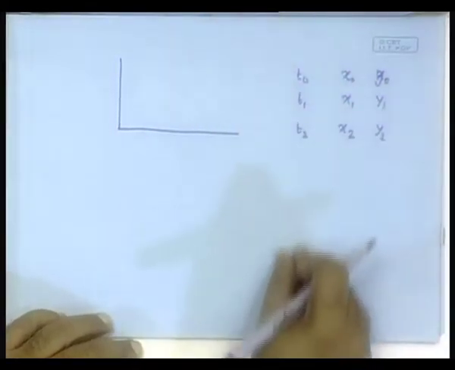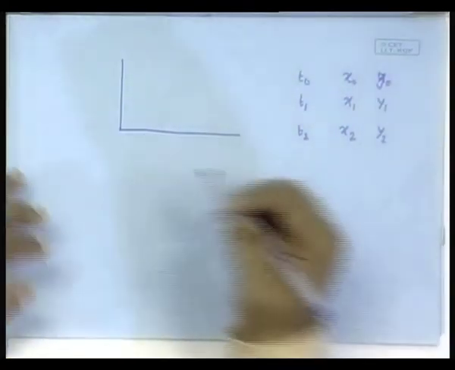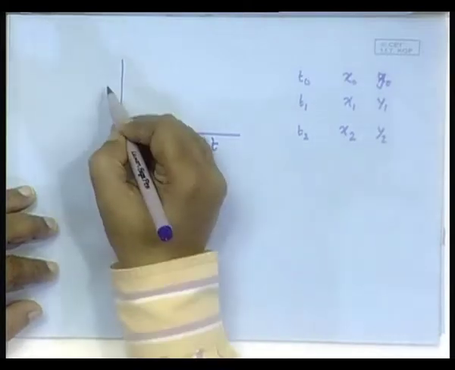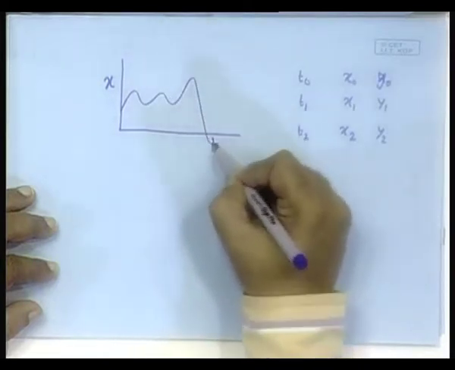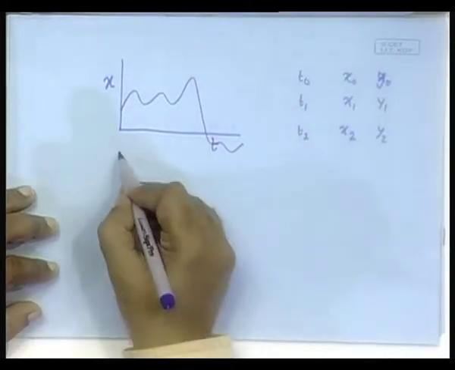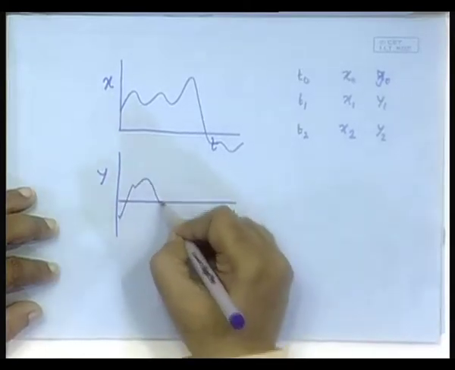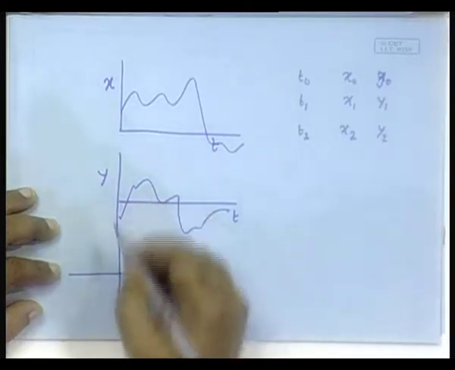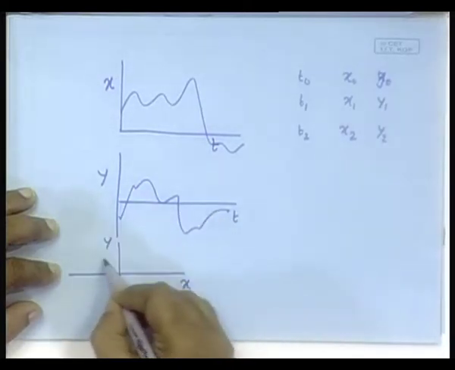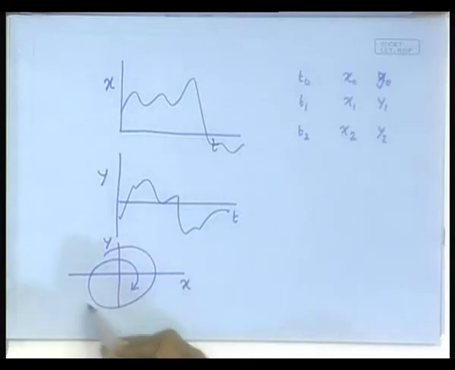So, as the time progresses, how does x change, how does y change, and then you would be able to plot it like t versus x, some kind of a waveform, y versus t, again some kind of a waveform. Not only that, also x versus y, not a waveform, but its movement in the state space.